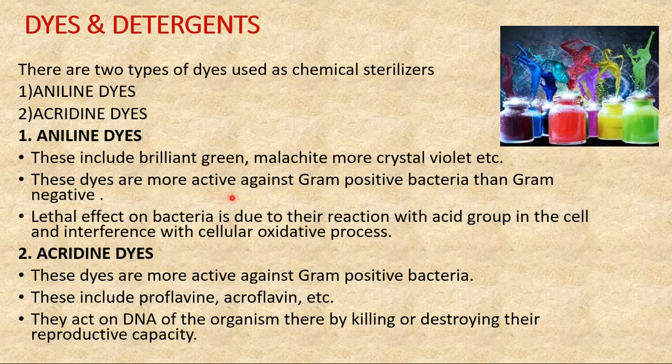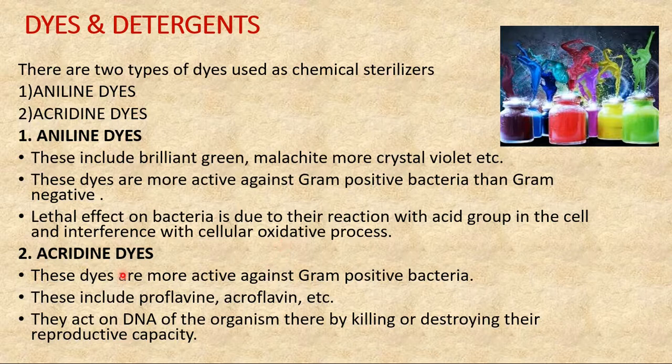These dyes are more active against gram-positive bacteria than gram-negative. The lethal effect on bacteria is due to their reaction with the acidic group in the cell and interference with cellular oxidative processes.